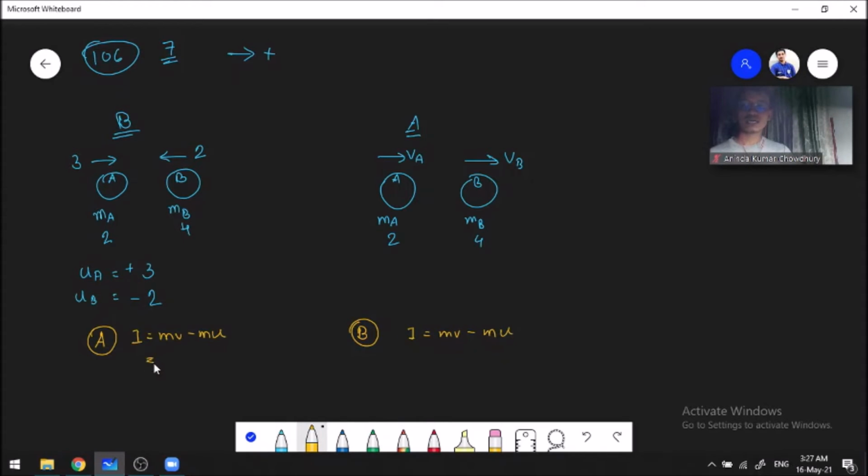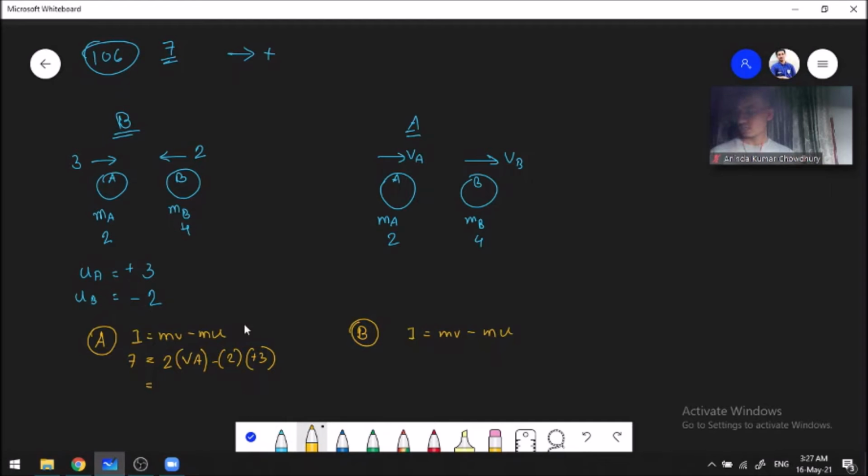So for particle A, the mass was 2 kg. The final velocity of particle A was VA, that we don't know. Its mass was once again 2 kg, and the initial velocity of particle A was positive 3. And the impulse had a magnitude of 7.